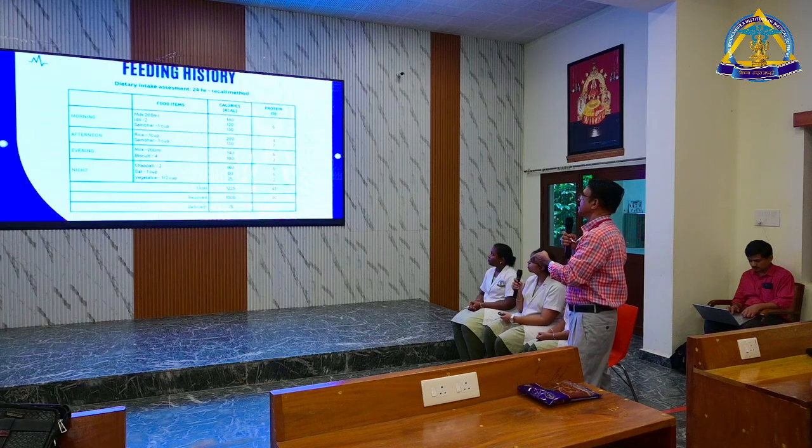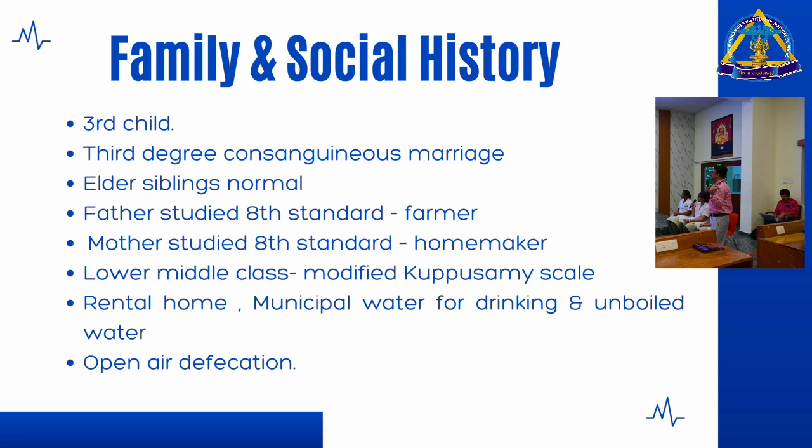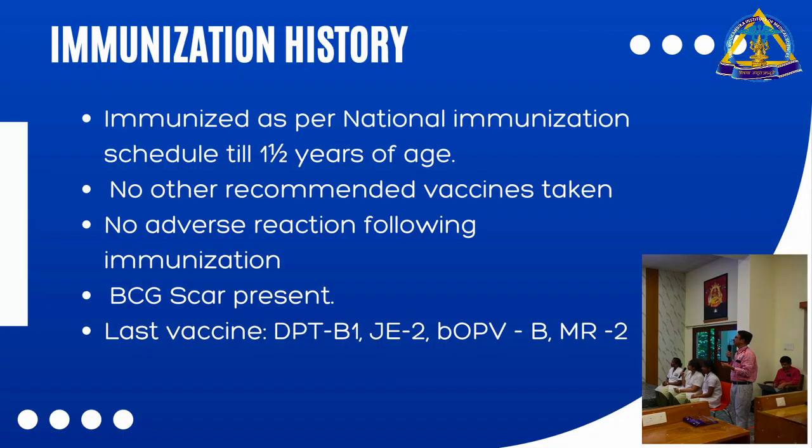Then family history: third child, third degree consanguineous. So there is consanguinity, we have told what is the importance. Then immunization history: immunized as per national immunization schedule till 1.5 years of age. No other recommended vaccines taken, no adverse reaction following immunization. So he is immunized for the age. What else you will ask?